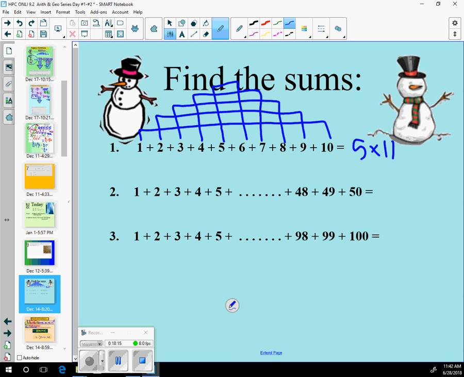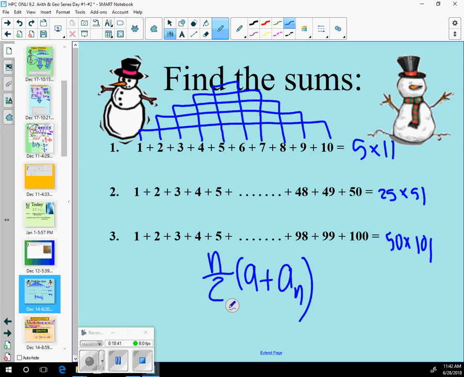It works the same with 1 to 50: you're going to have 25 51s. And 1 to 100: you're going to have 50 101s. So essentially you're taking the number of terms divided by 2, n over 2, and multiplying by the first term plus the last term: 1 and 10, 1 and 50, 1 and 100.